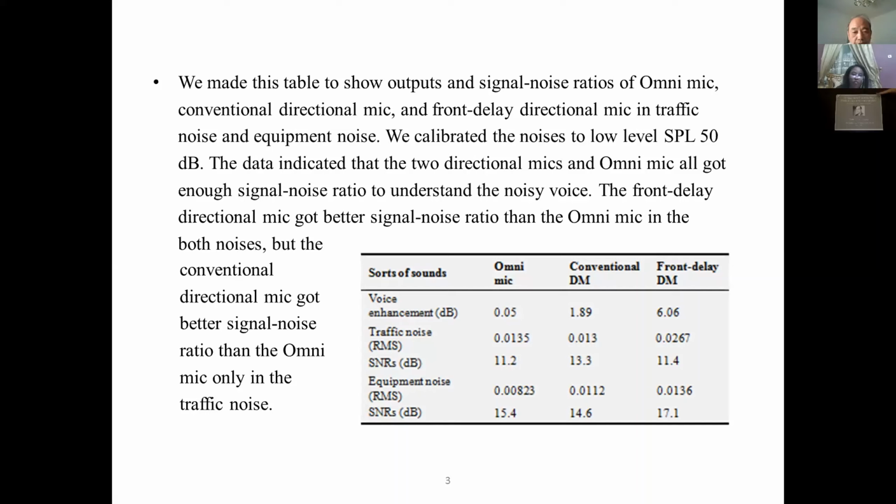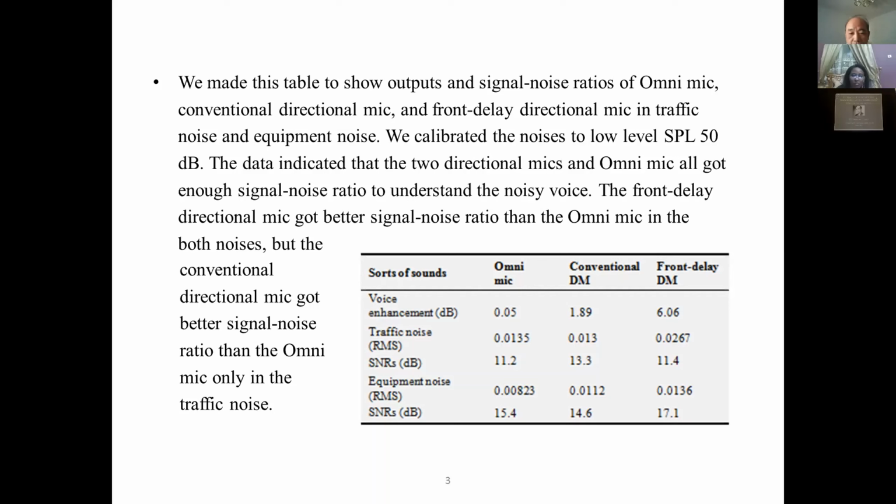We calibrated noise to a low-level SPL of 50 dB. The data indicated that the two directional mics and the omni mic all got enough signal noise ratio to understand the noisy voice.